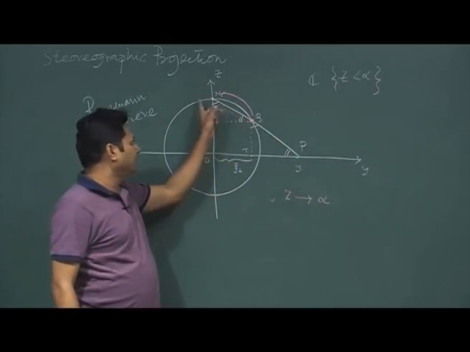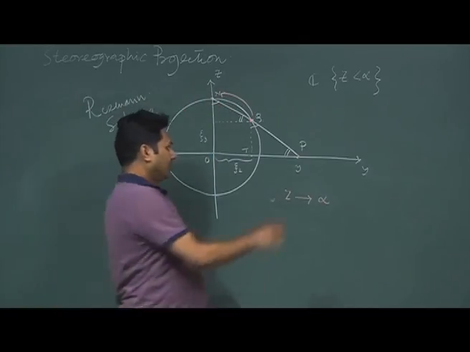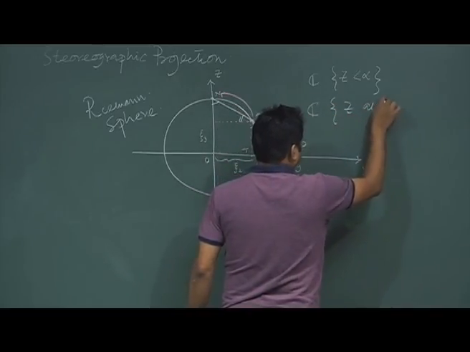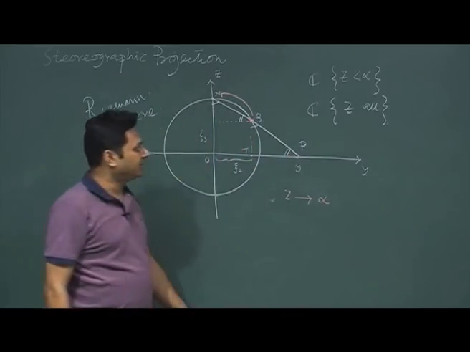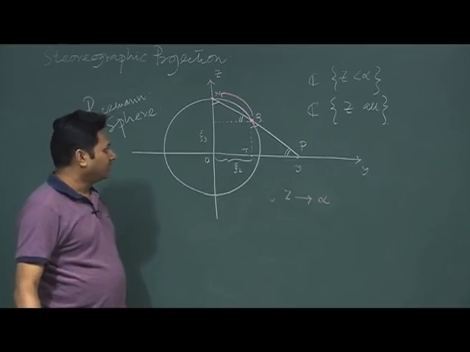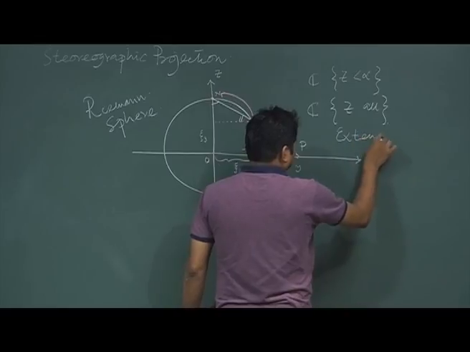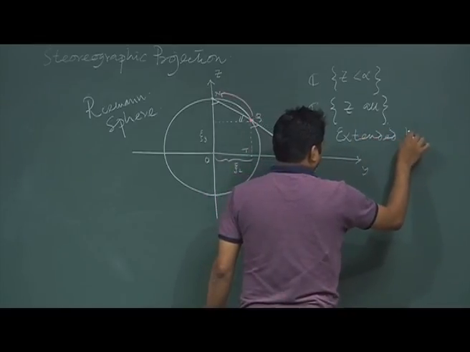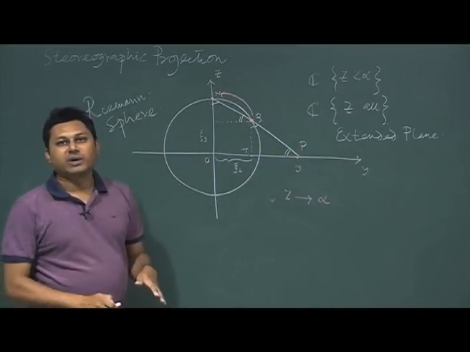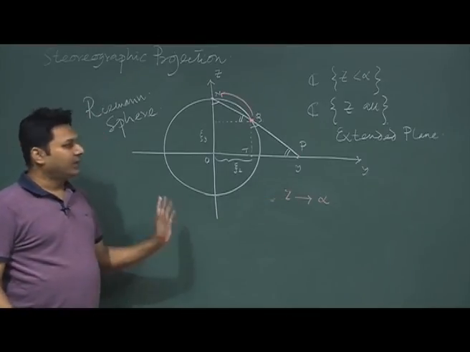That means I am excluding this north pole in the stereographic projection over the Riemann sphere. But if I say all values of z are possible, that means even z tending to infinity, then this is called the extended plane. So I am working in the extended plane where my z point can go to infinity in the xy surface. Well, here I would like to stop.